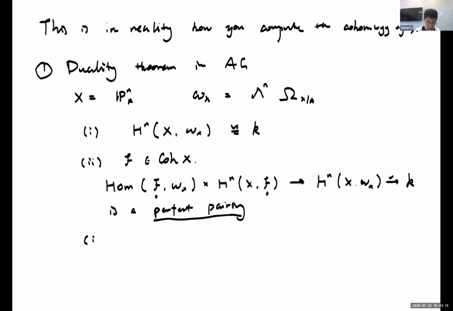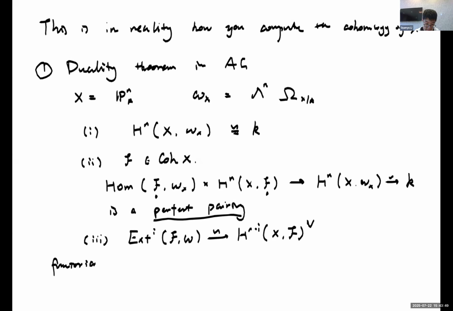And the third part is saying, I have the extension group of F to omega, and this is isomorphic to H^(n-i) of X with respect to F, but you need a dual because you want this one a functorial isomorphism.